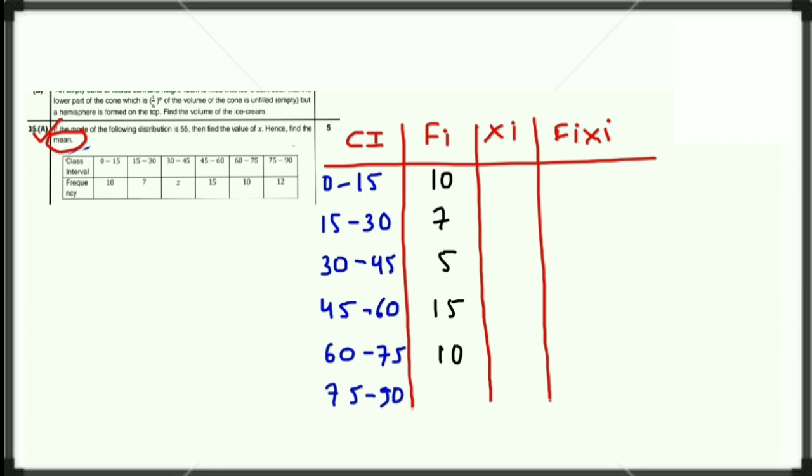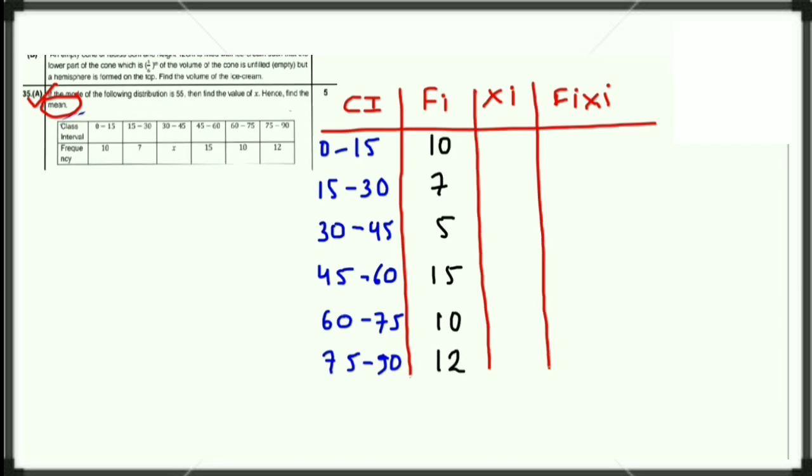10, and 12. Now we have to find xi, and to find xi, firstly we have to add the upper limit and lower limit, and then their sum should be divided by 2, right? For example, in the first class lower limit is 0 and upper limit is 15, and their sum will be 15 itself, and when we divide 15 by 2, then we obtain xi, that is 7.5.